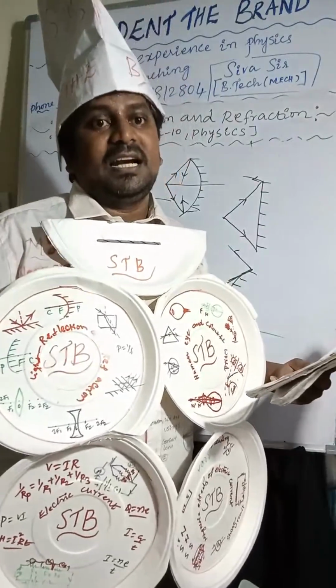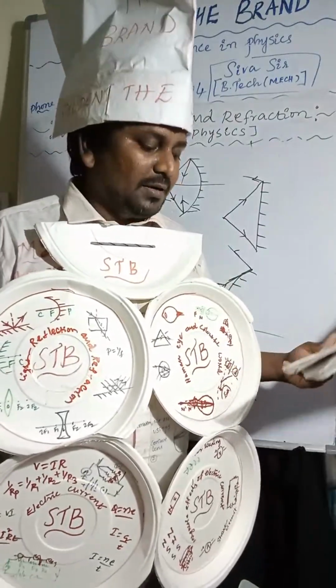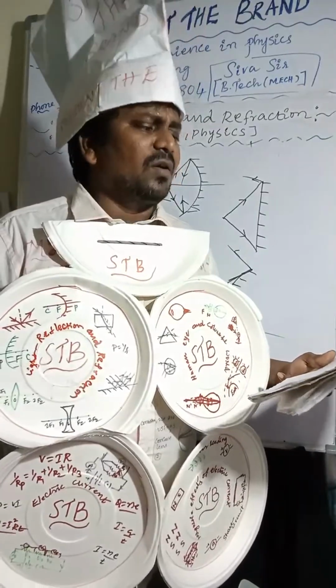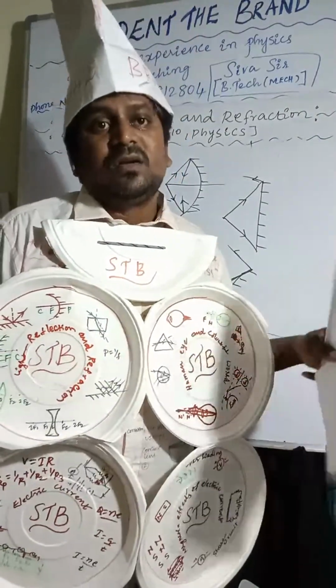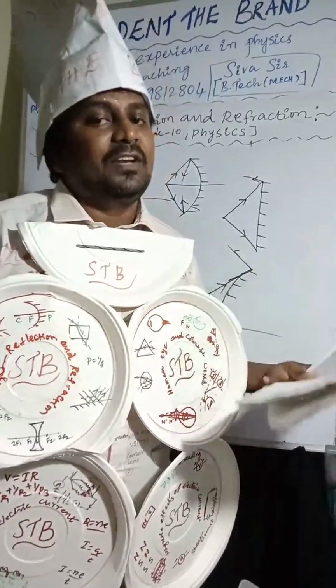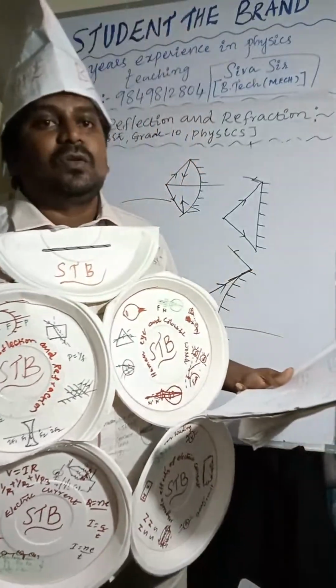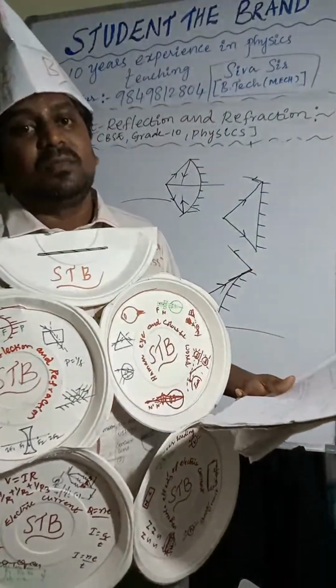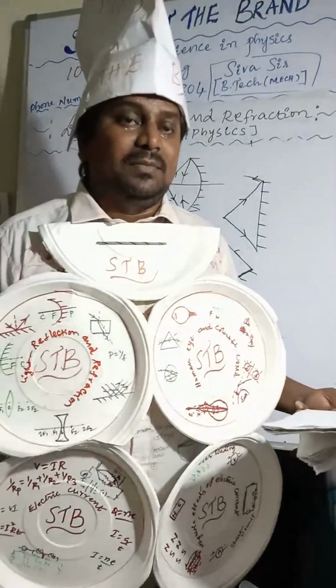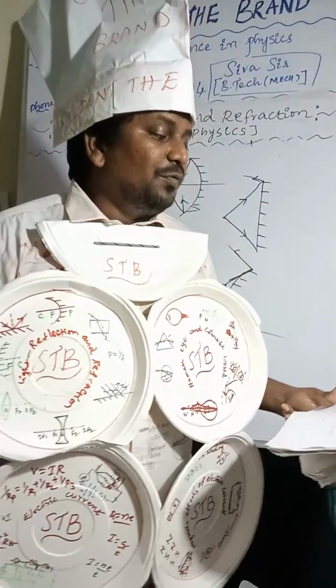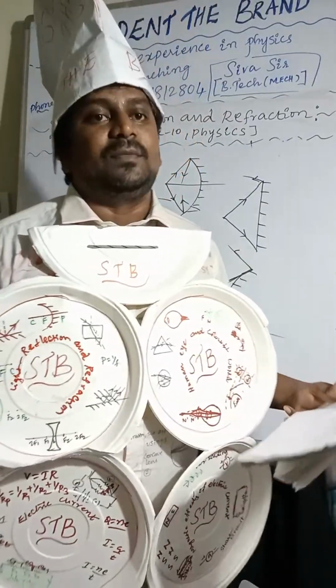A concave mirror has a real focus. After reflection, the light rays meet at one point, so a concave mirror is also known as a converging mirror. The focal length of a concave mirror is negative.